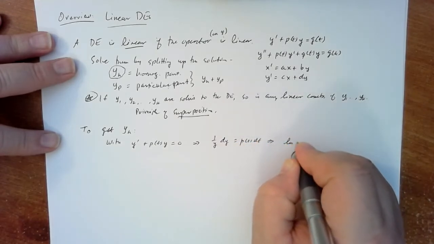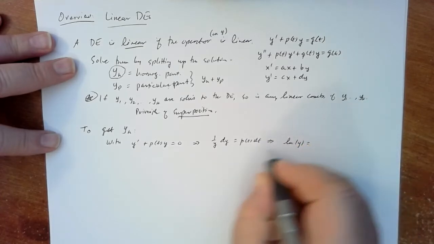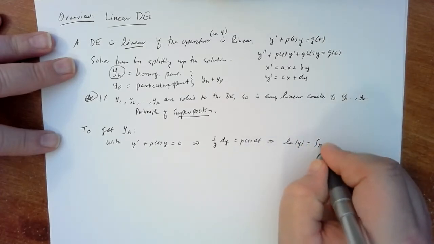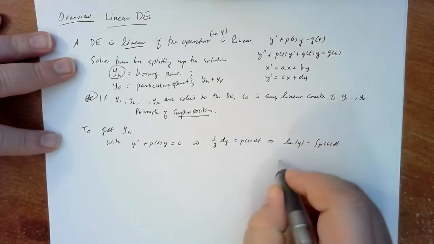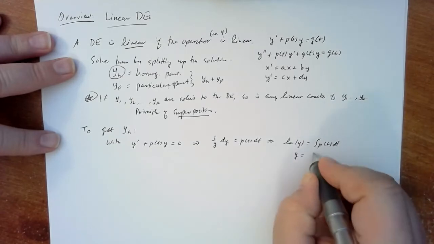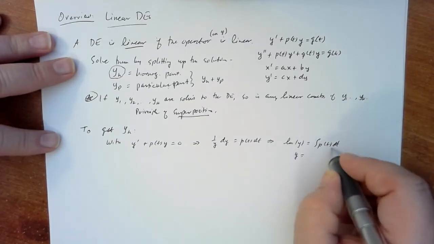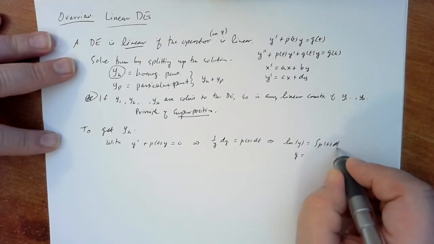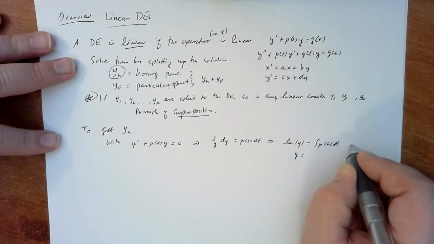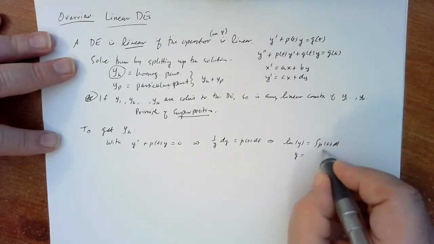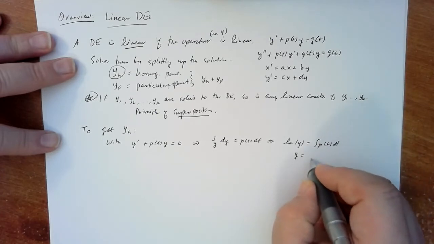And so the natural log of y equals the integral of p of t. And so then you'll see that y is equal to, I could put a plus c here on the end, or it could be implied by this integral. Okay, so in any case, it would be a constant in the front.